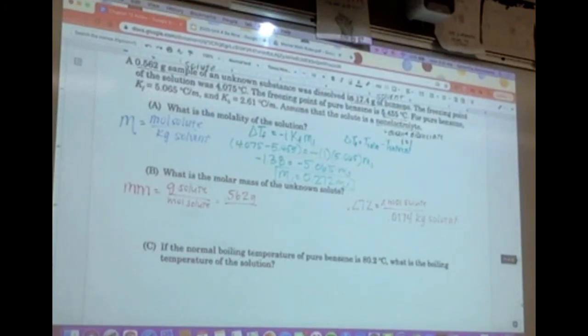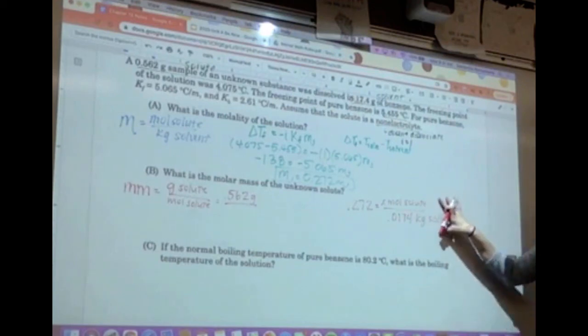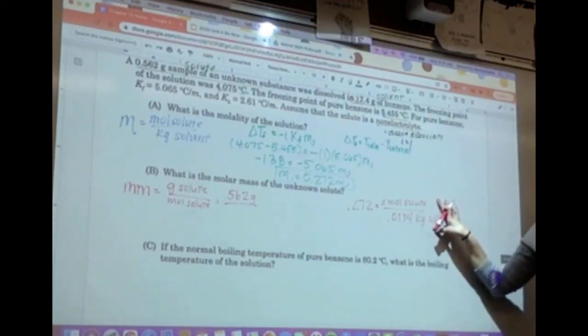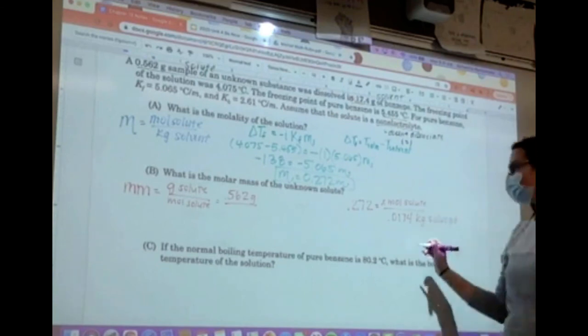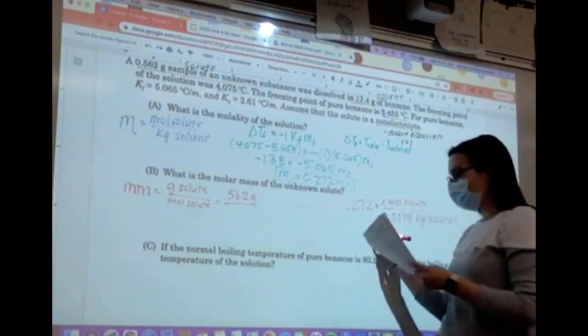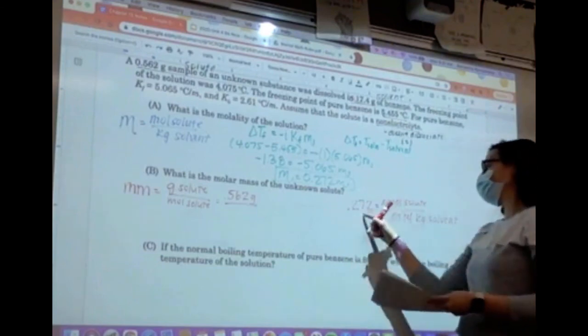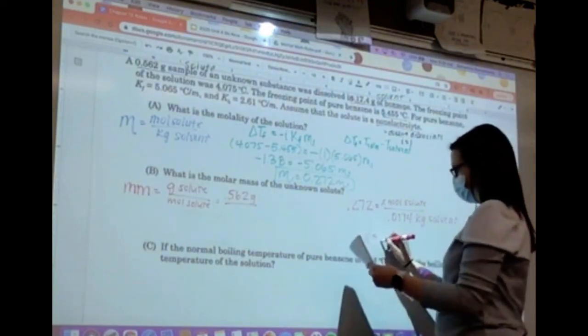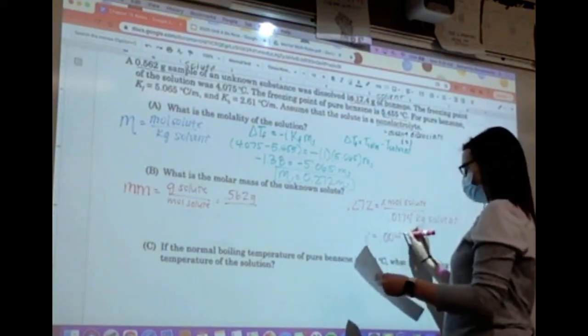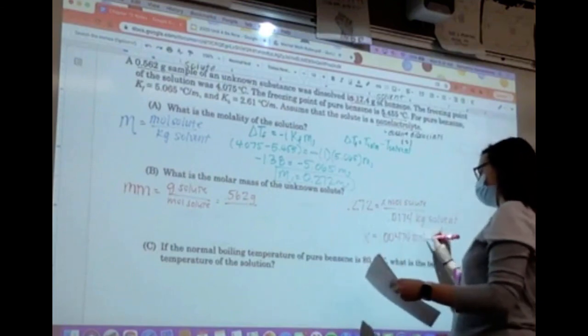We use the molality to solve for moles, and this is something that we did last week. We had molality, we could solve for moles. If I multiply 0.272 times 0.0174, I get 0.00474 moles of solute.